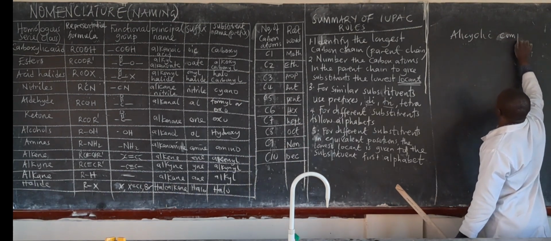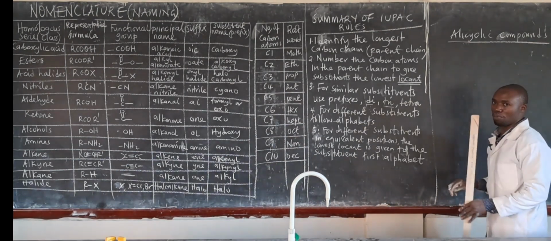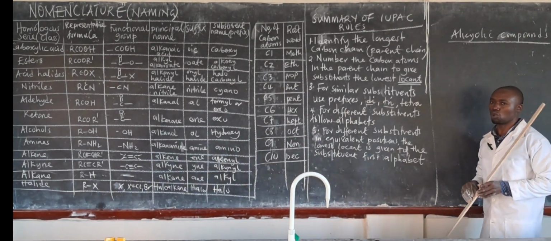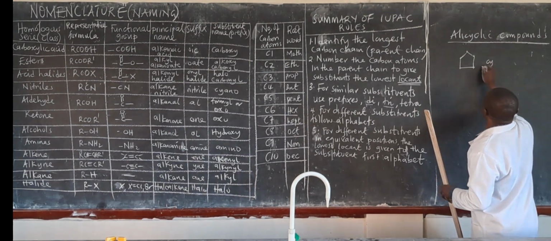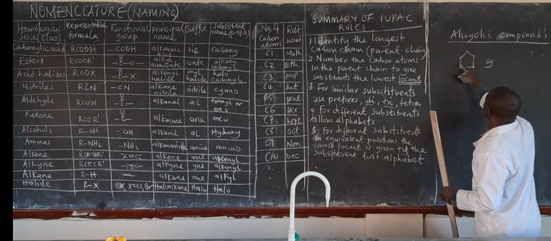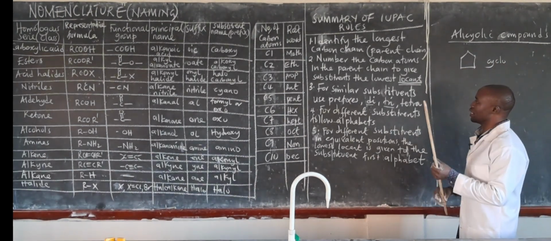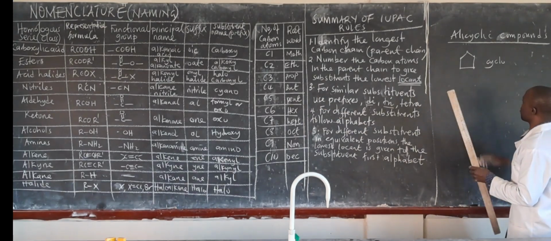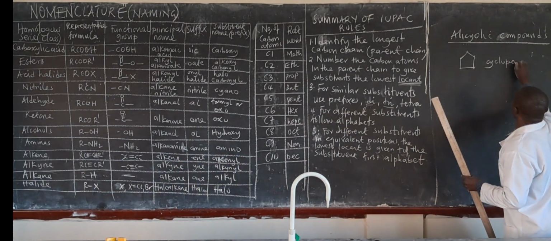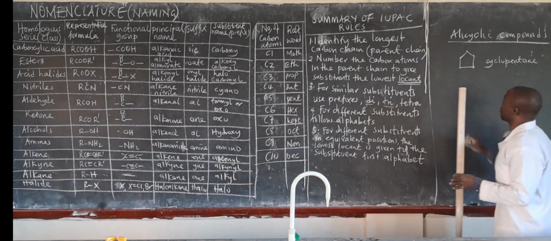Then we shall have a mixture of functional groups. For cyclic compounds, you attach the word cyclo. For instance, if you are naming this, 5 carbon atoms, 1, 2, 3, 4, 5, this is cyclo, attached to the root word pent, because there are 5. Cyclopentane, since there is no other functional group there.